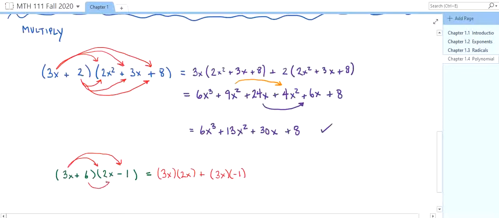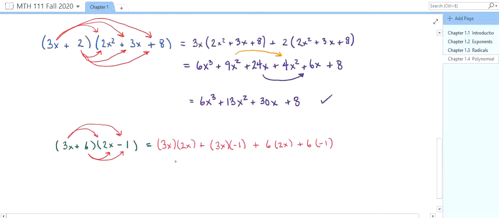Then we come down to the bottom. Then we have 6 times 2x, and then 6 times minus 1.